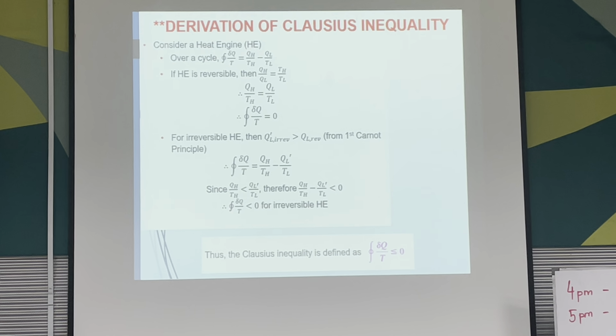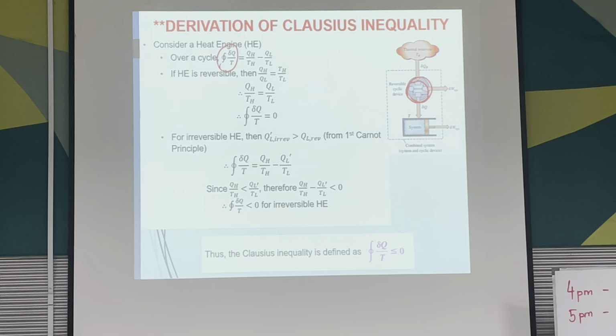Okay. So over a cycle, we define this with the cyclic integral of delta Q over T. Then when you have a standard heat engine, something like this, this particular thing is your heat engine. And this system is where it receives heat from the heat engine.